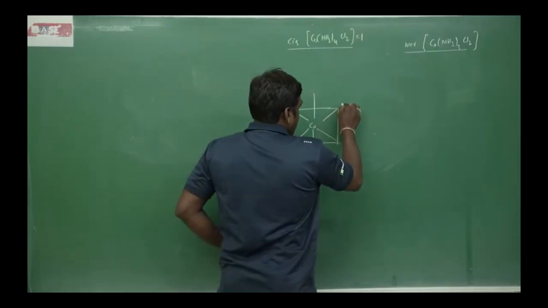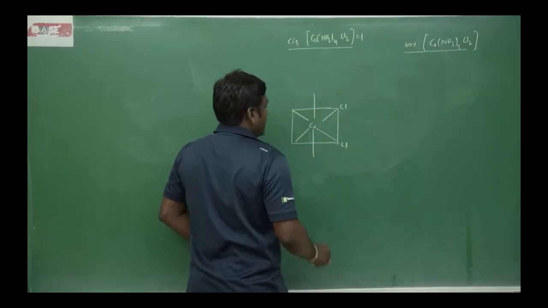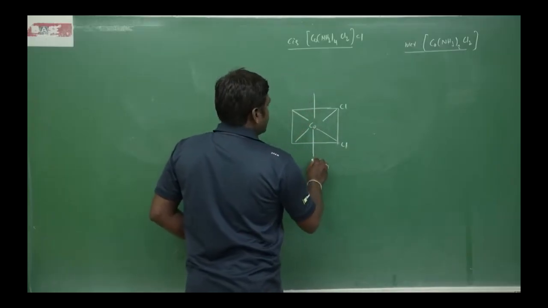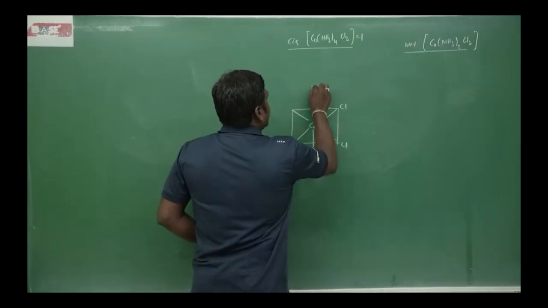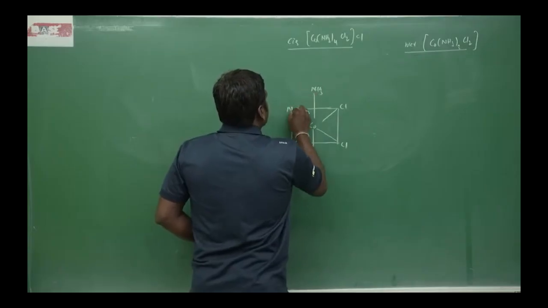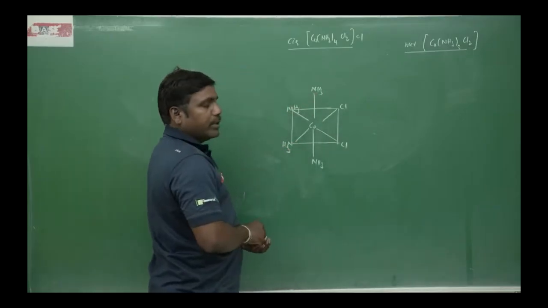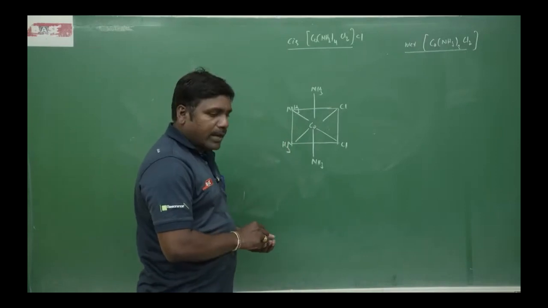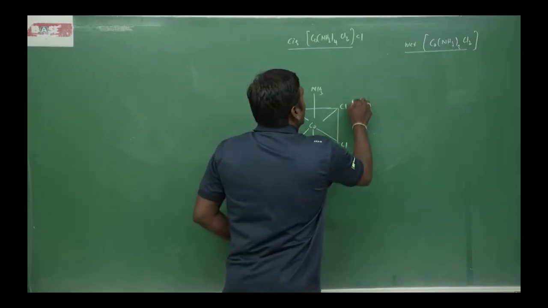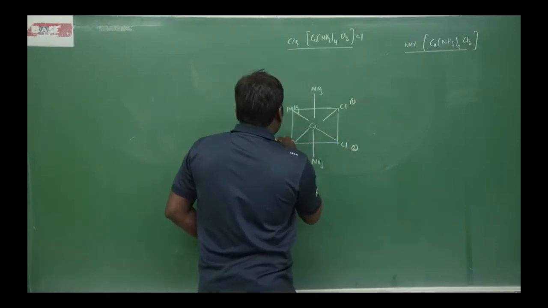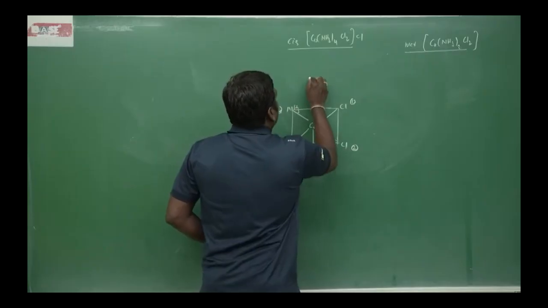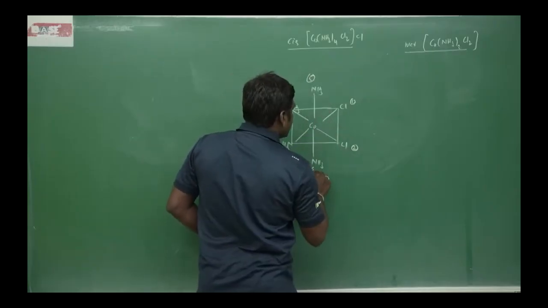So therefore here 1 Cl, here 1 Cl. Remaining 4 NH3 groups I am going to write, NH3, NH3, NH3. There are 4 of them, right? Now give the numbering to this one: 1, 2, 3, 4, 5, 6.